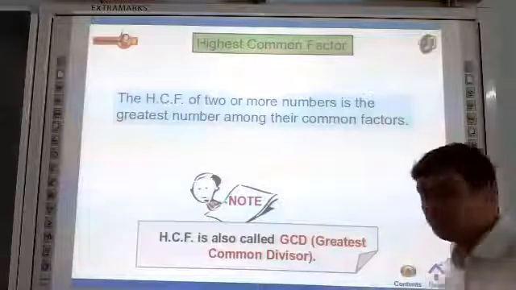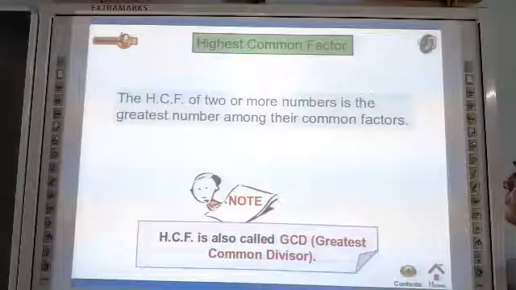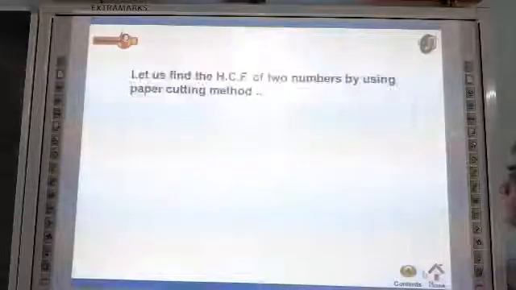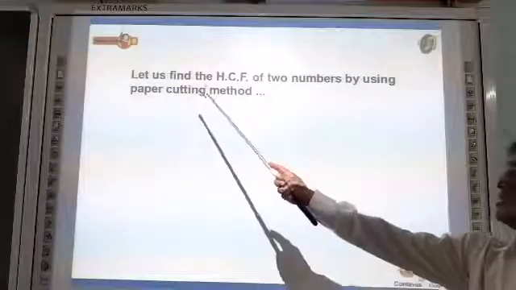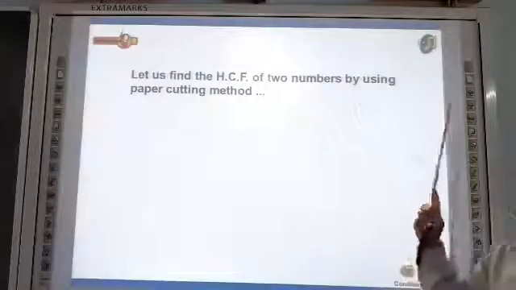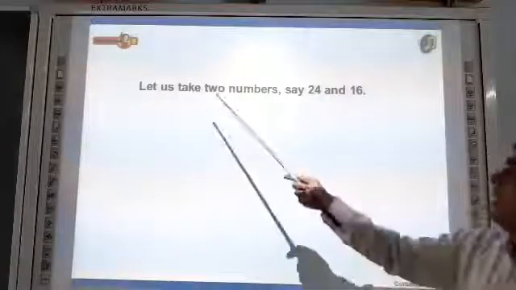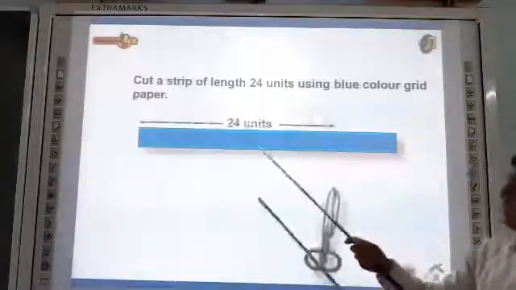Okay students, let us find the HCF of two numbers by using paper cutting. Let us take two numbers, say 24 and 16.